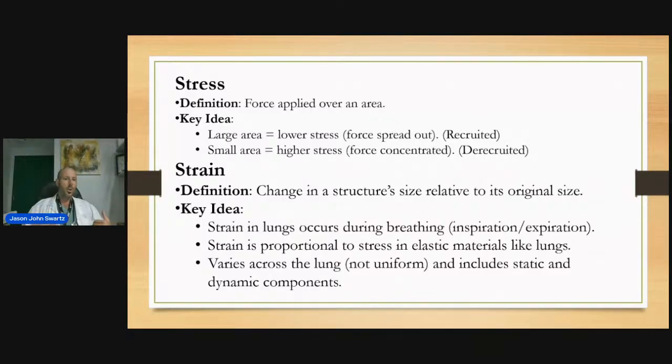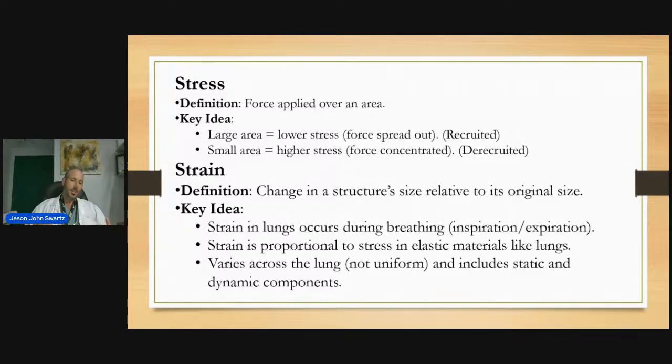Problems will occur when you have small areas, because as you get de-recruited, you have higher and higher stress in those that are receiving that vent power, and obviously the force of the vent will be concentrated in those alveoli that are taking part.